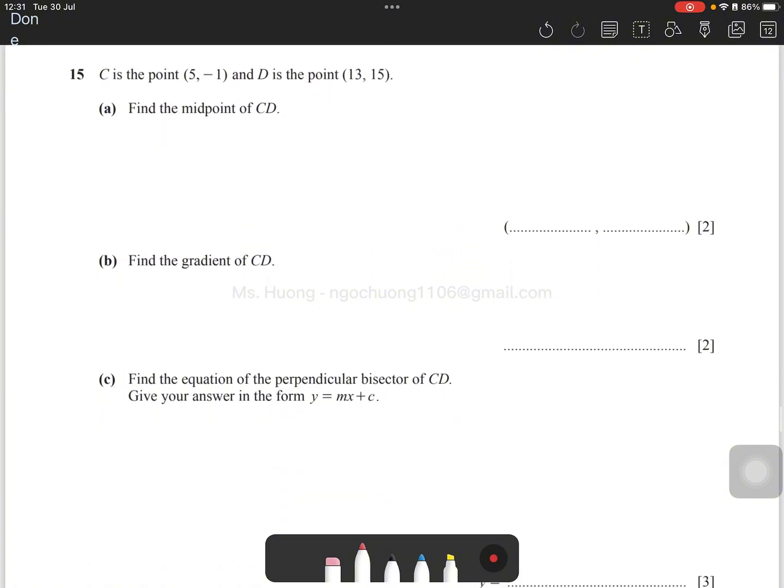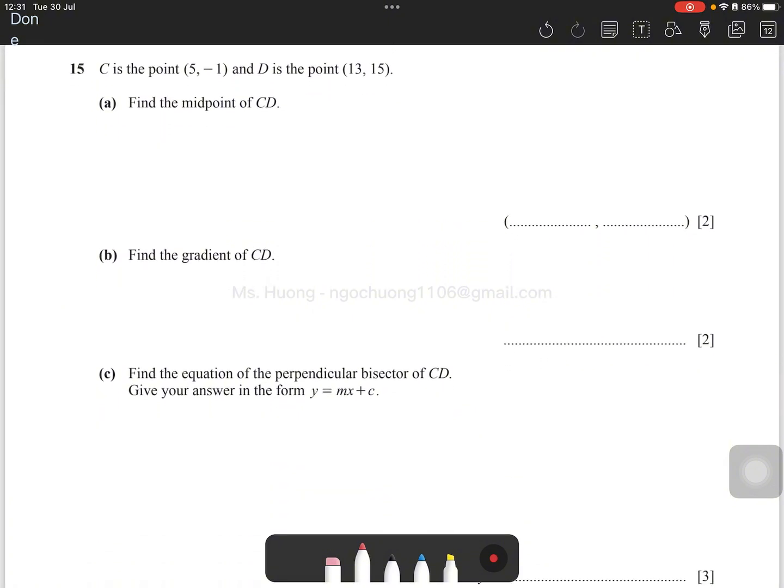Question 15. C is the point (5, -1), and D is the point (13, 15). A. Find the midpoint of CD. The midpoint of CD is (xc plus xd over 2), and the y is (yc plus yd over 2). This is the formula to find the midpoint of CD.